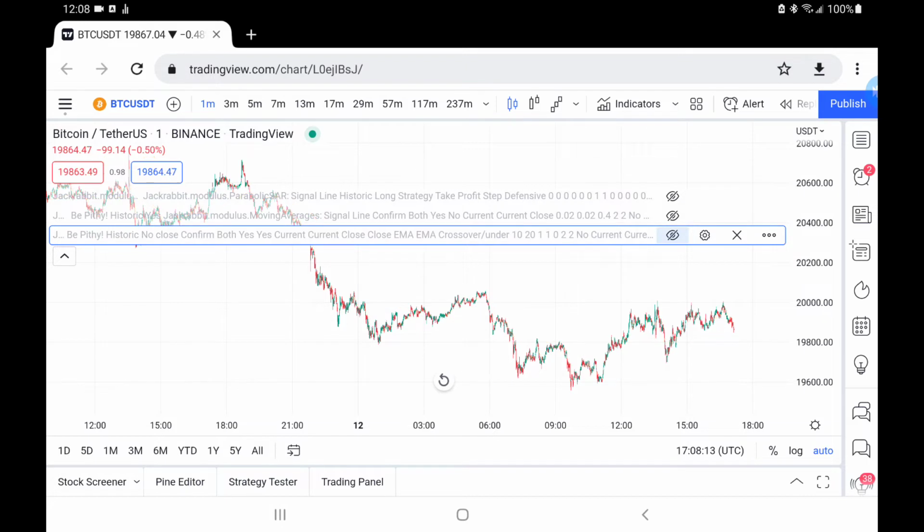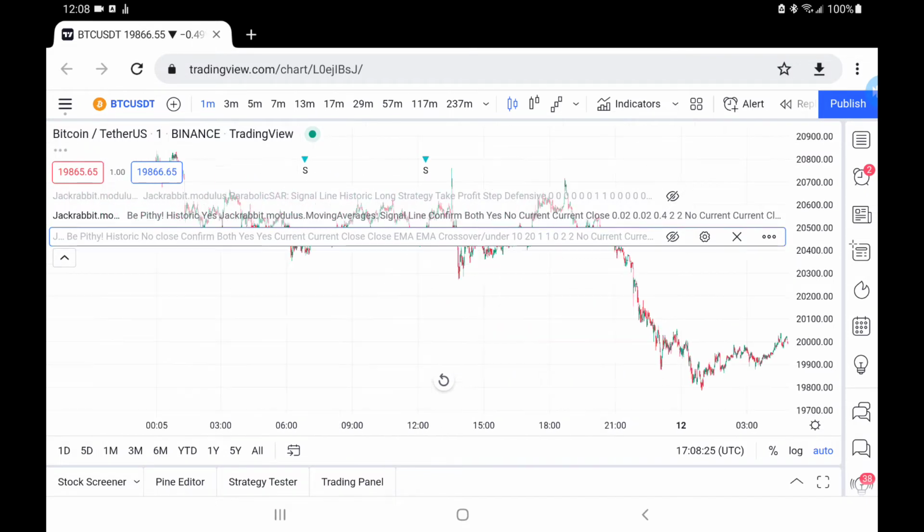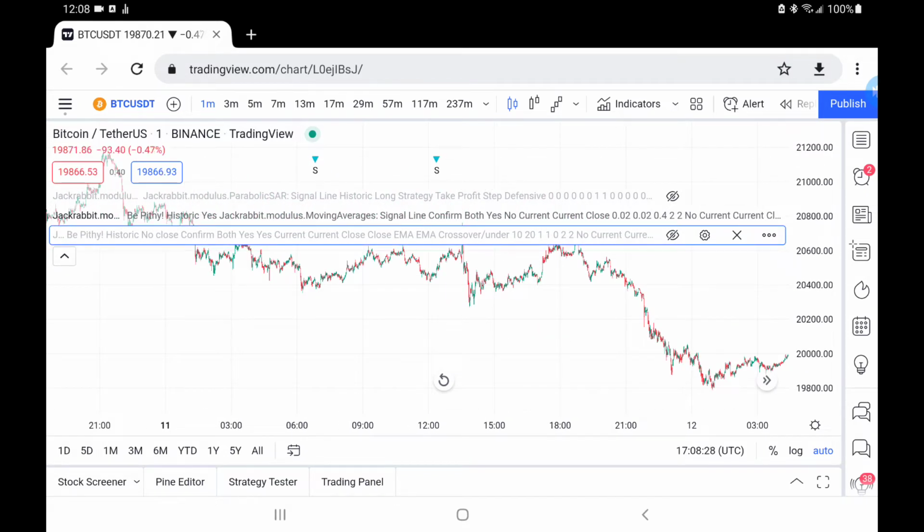Next, we get to the second indicator. Parabolic SAR, or Parabolic Stop and Reverse. This one is coupled with the moving average so that it only provides signals based upon the crossover and the momentum.